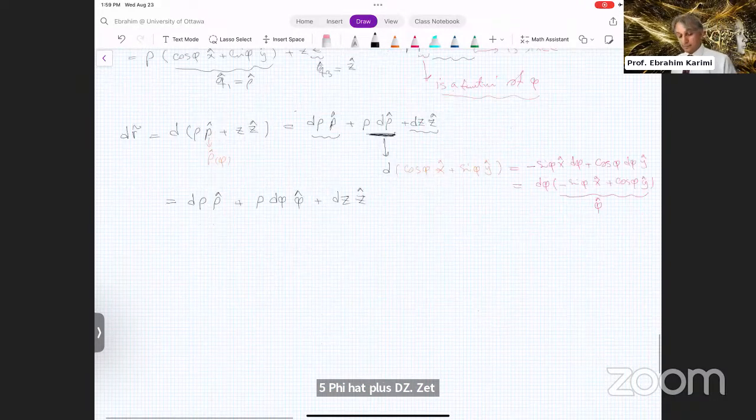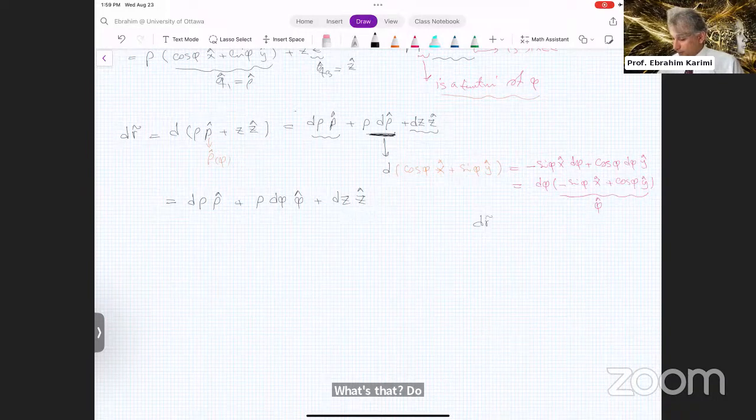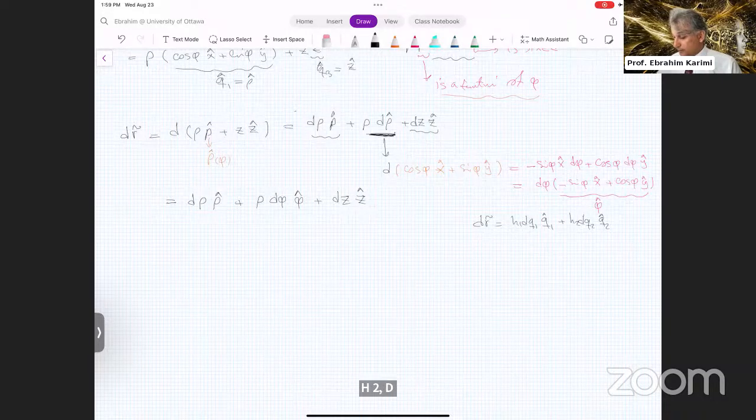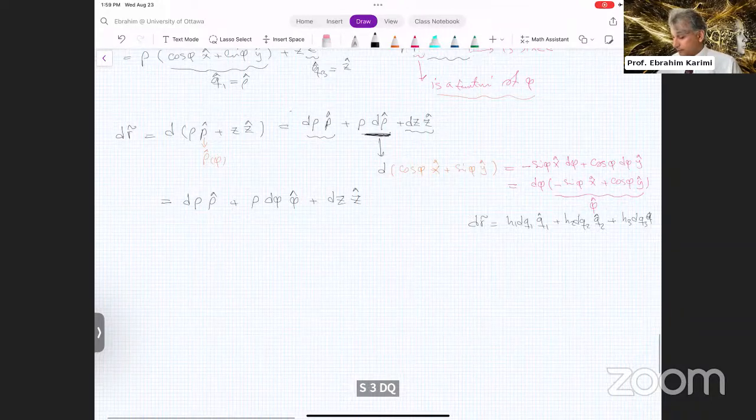Do you remember that dr is equal to h1 dq1 q1 hat plus h2 dq2 q2 hat plus h3 dq3 q3 hat?